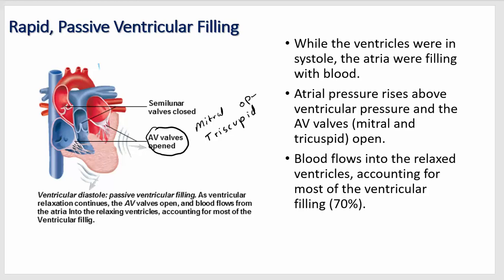Okay, so these open. So the AV valves open, and those semilunar valves are still closed. All right, and then the next phase is for the atria to pump blood in. So active ventricular filling. Passive just means that blood is just flowing into it, and that starts us over with the first part of the cycle again.